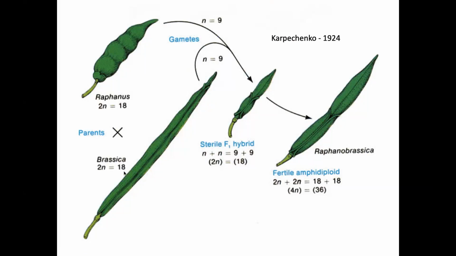And so he was able to propagate that fertile plant and generate this new allopolyploid or allotetraploid derivative that he called Raphanobrassica. Again, the Raphanobrassica now consisted of a total of 36 chromosomes, the diploid genome of 18 from radish and the diploid genome of 18 from Brassica oleracea.